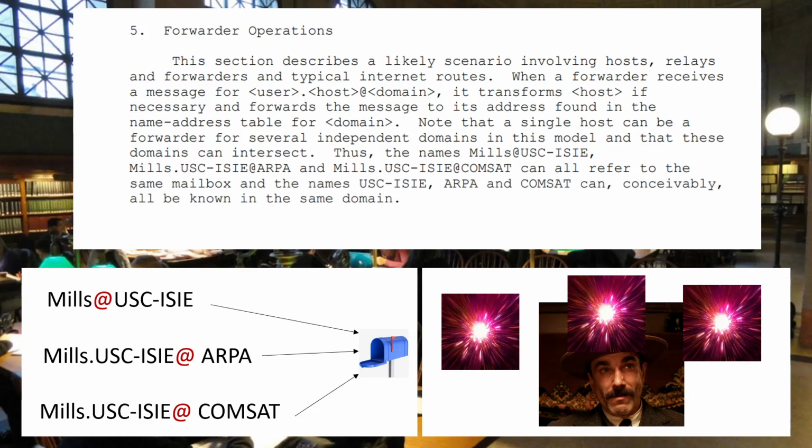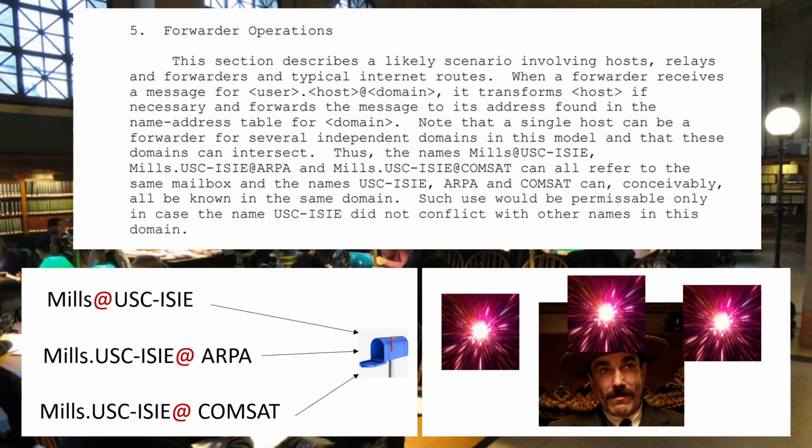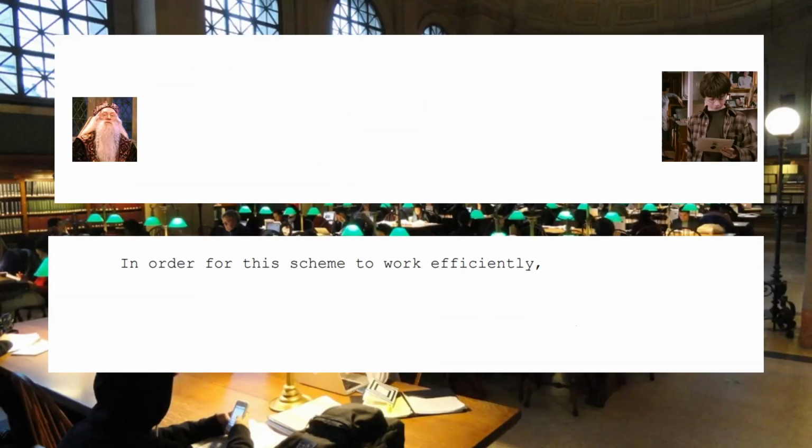And the names USC-ISIE, ARPA, and ComSat can conceivably all be known in the same domain. Such use would be permissible only in case the name USC-ISIE did not conflict with other names in this domain. Which domain? The ARPA domain. But that's the point he's making. That name USC-ISIE has to not conflict.